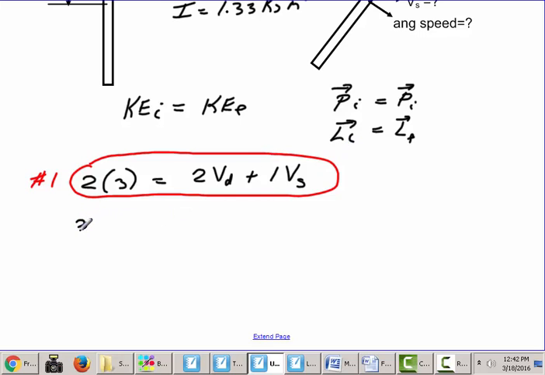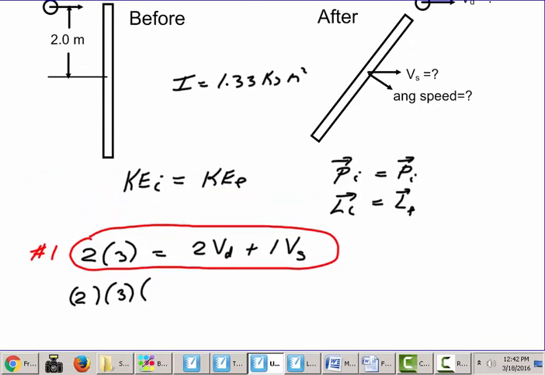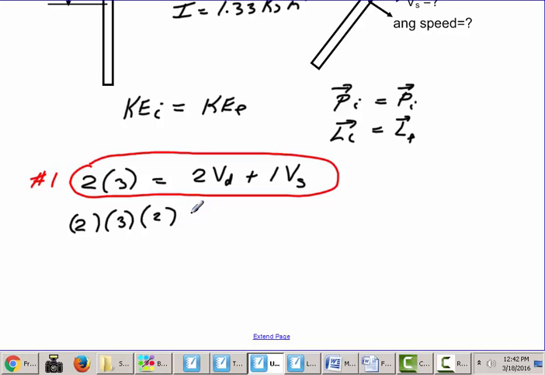Now I'll go back and do angular momentum. It's going to be the mass of the disk, which is 2, times the velocity, which is 3, times the distance from the rotational point, and the distance here is 2, must equal the mass, 2, times the distance, which is 2, times the velocity of the disk, which we do not know, plus the moment of inertia times omega.